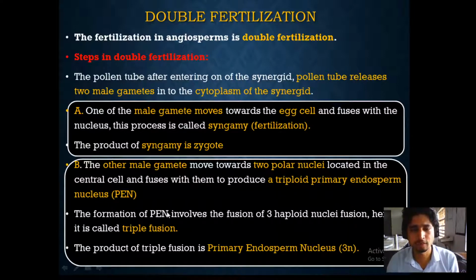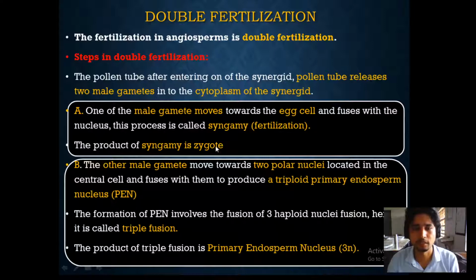The formation of PEN, the primary endosperm nucleus, involves the fusion of three haploid nuclei. Three haploid nuclei fuse together, hence it is called triple fusion. Very important: this triple fusion leads to the primary endosperm nucleus. In the zygote there are only two cells, the male gamete and the egg cell.